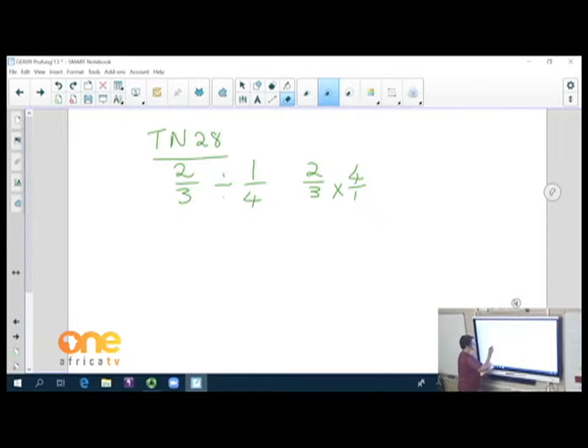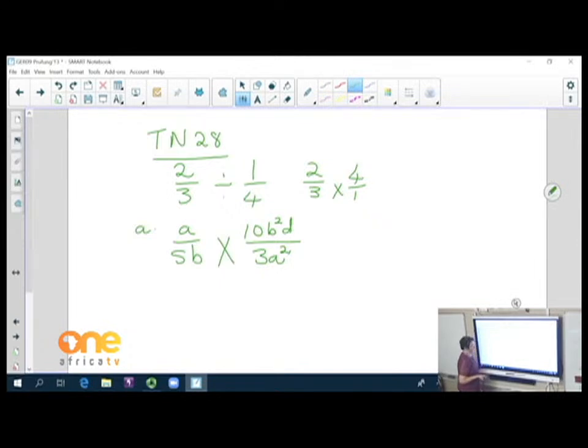So try now 28, the first one there. It says A over 5B, and because I divide, I multiply with a reciprocal. So I already did step 1 now here, 3A squared. From there, it's exactly the same as we've been doing before. What can divide? 5 can divide into 10 twice.